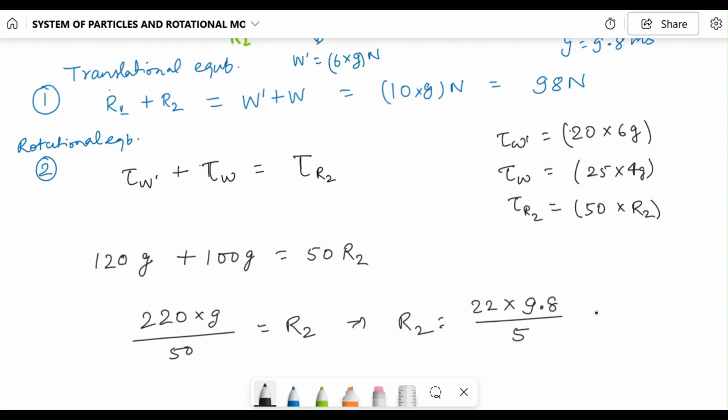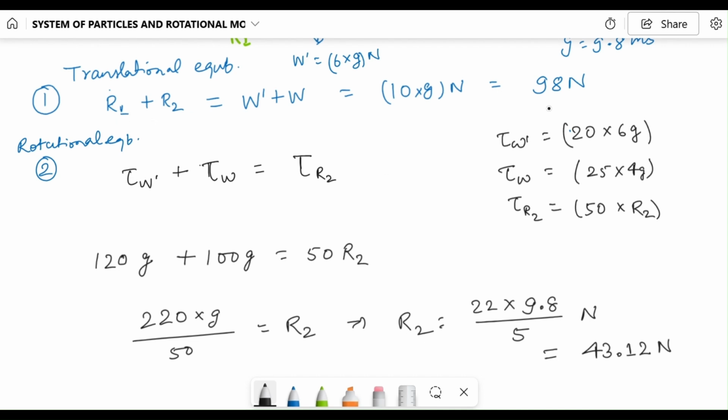So R2 will be in Newton because this is a normal reaction, meaning a kind of force. So we can calculate this thing, let me calculate it first, then I'll write it here. 43.12 Newton. Okay, now from this we can calculate what is R1.